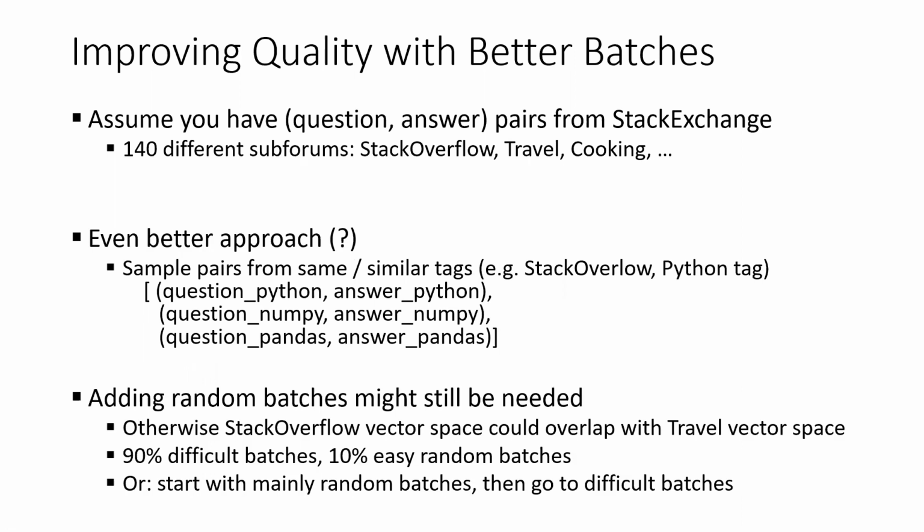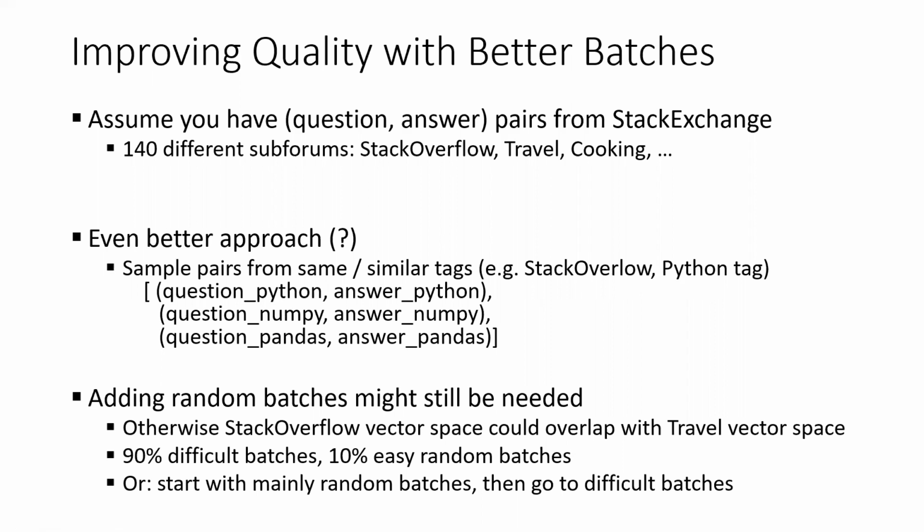An even better approach would be in Stack Overflow, you take questions which have similar tags. So for example, you take Stack Overflow and the Python tag, and then you include 3 questions which have the Python tag. So one question about Python, NumPy, and pandas. And now the model will learn to differentiate between fine-grained programming questions from Stack Overflow.